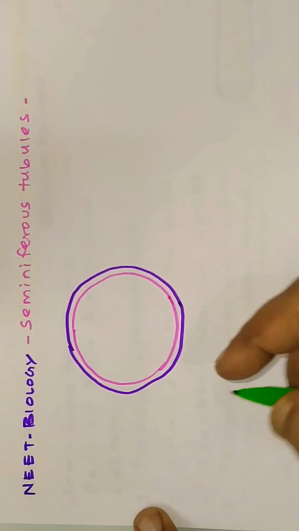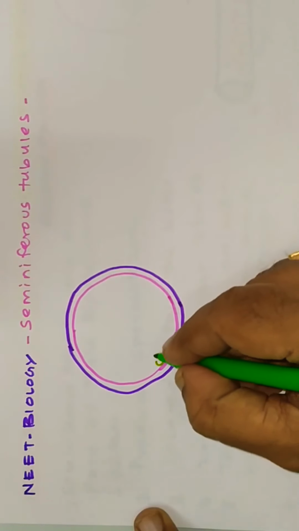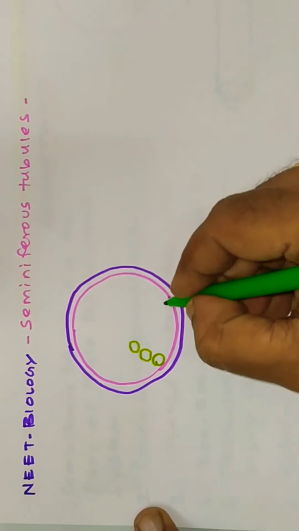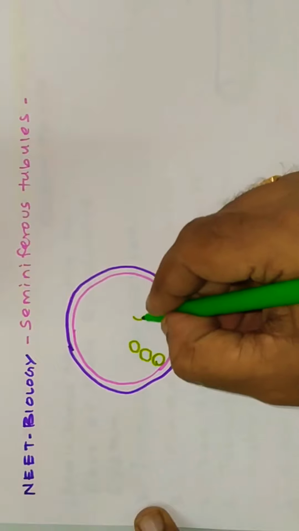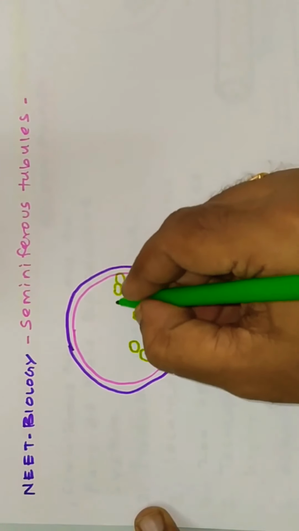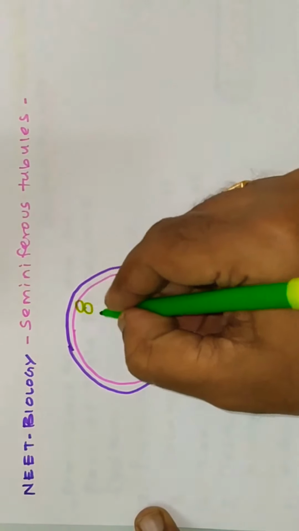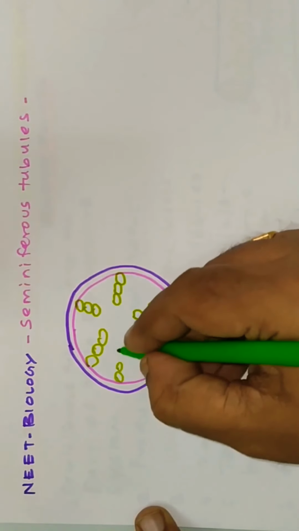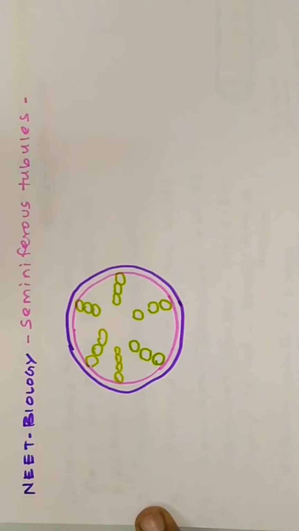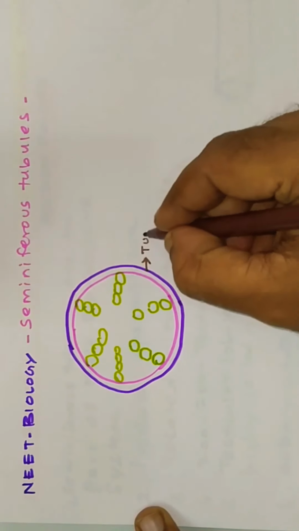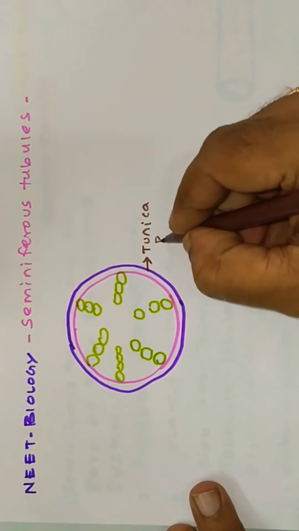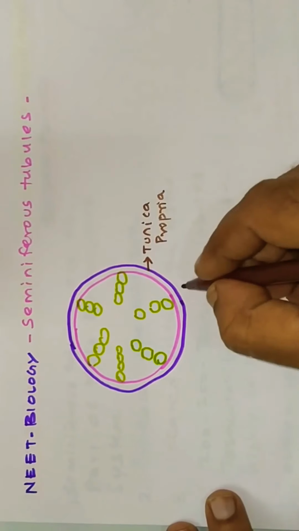In the germinal epithelial layer, we can find many arrangements of spermatogonia cells at various stages. These are all the spermatogonia cells. This is the tunica propria.